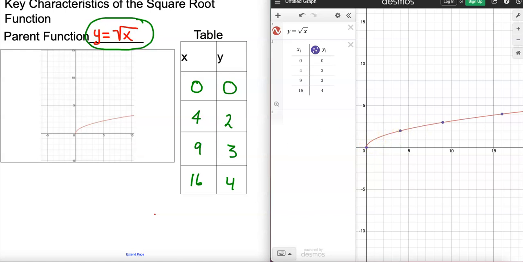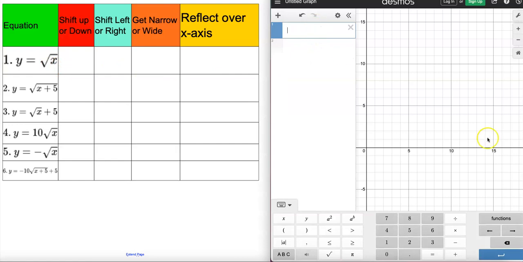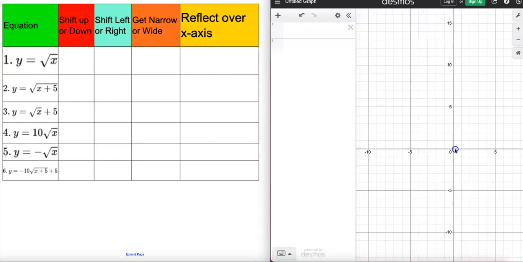Okay, so now let's take a look at this. All right, what we're going to transition into is exploring various types of square root equations. Here we have a table of square root equations, and the first equation is y equals the square root of x, and we've already established that y equals the square root of x is the parent function.